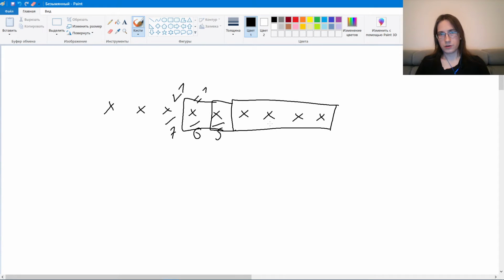But here we can remember that among all the possible sequences that have the maximum possible score, we want to take the one that has the maximum length. So in this case, we strictly want to take this element. And so obviously this will be the maximum possible length a subsequence with maximum possible score can have. So this is the cost of our sequence.